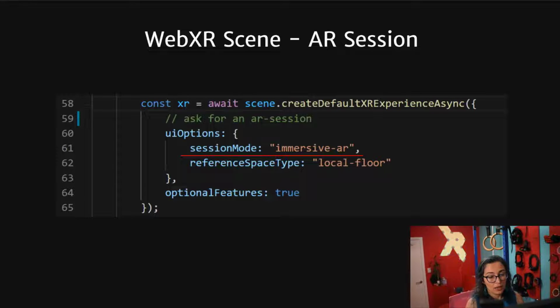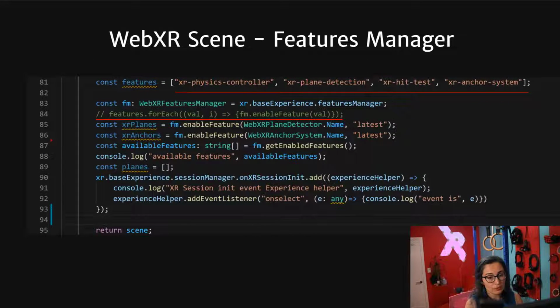There are a couple of things that you can do with a feature manager. One of them is you can pass in a list of features and then loop through it to add all of the features. The other thing you could do is decide which implementation of the feature you would like to include, the latest or maybe an older version.